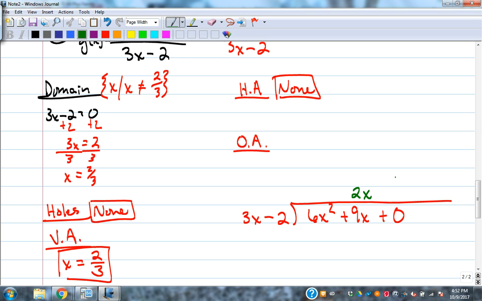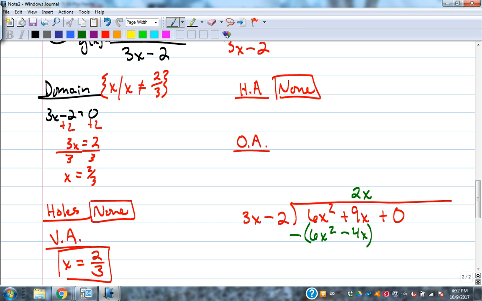Then, just like long division from 3rd grade, you multiply 2x times what you're dividing by. But you're dividing by a polynomial, so it's like the distributive property. 2x times 3x is 6x squared. 2x times -2 is -4x. And just like 3rd grade long division, you subtract.